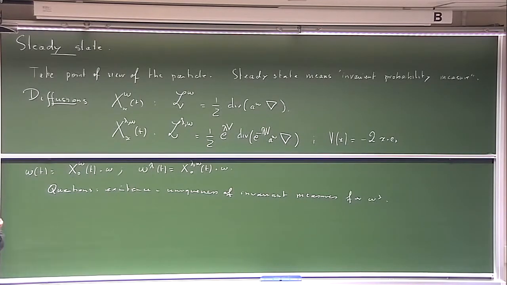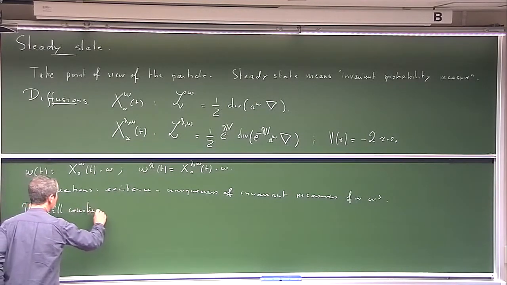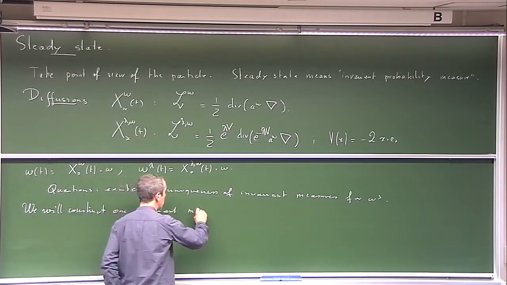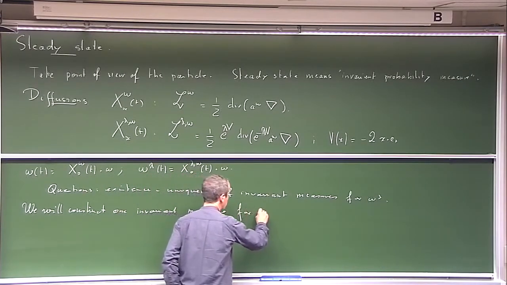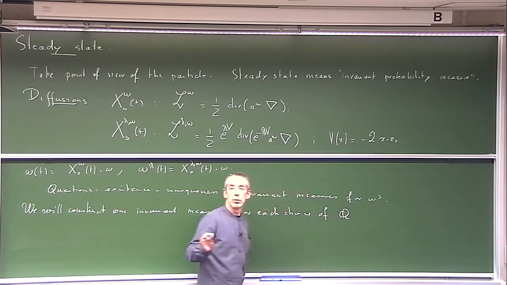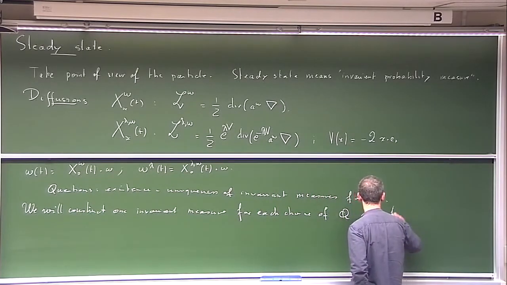So we will see that we can construct invariant measures for ω^λ, and we can construct a whole family of them by considering laws of the environment with a finite range of correlation. So we will construct one invariant measure for each choice of Q. Q was the law of the environment, at least for these Q with finite range of correlation.